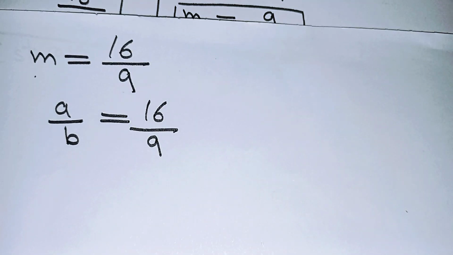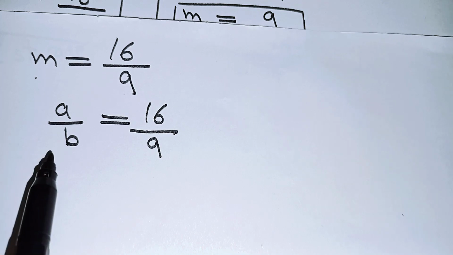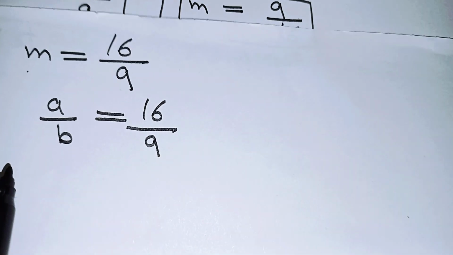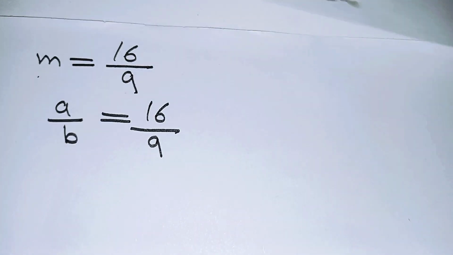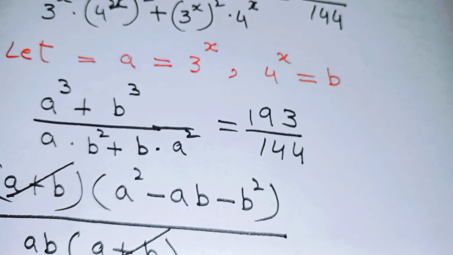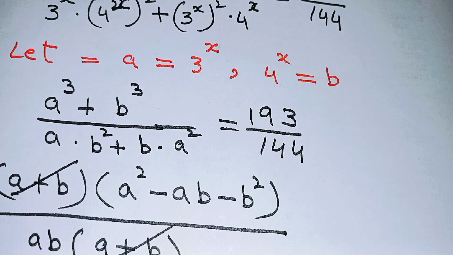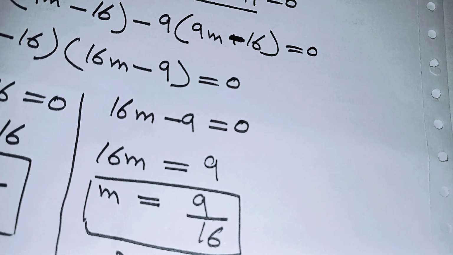And now here again we recall the value of a and b, and here the value of a is 3x and b the value of this 4x.